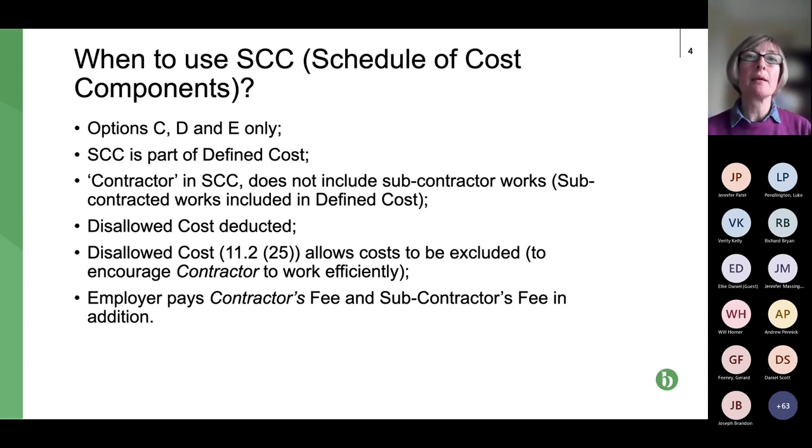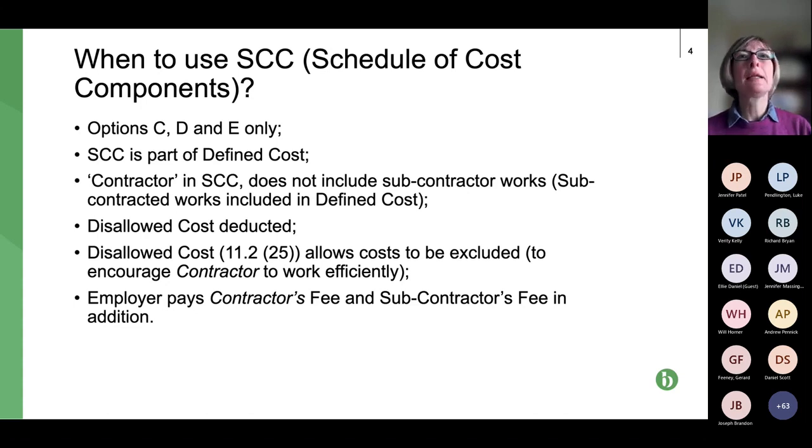It also means that where, for example, a contractor's not working efficiently or is double counting for claims, disallowed cost entitles the paying party to deduct such items. None of them are massively controversial.